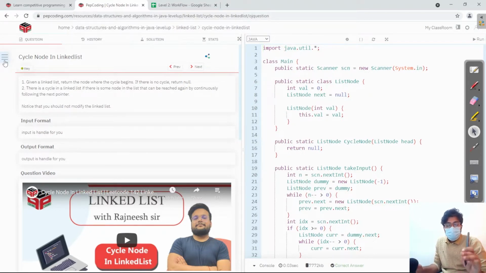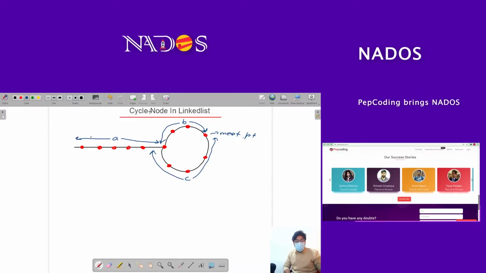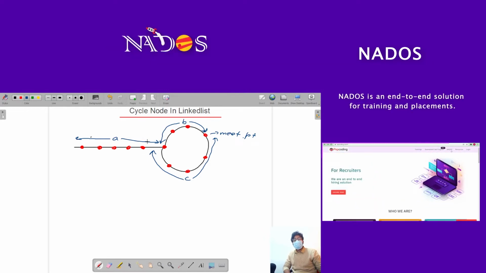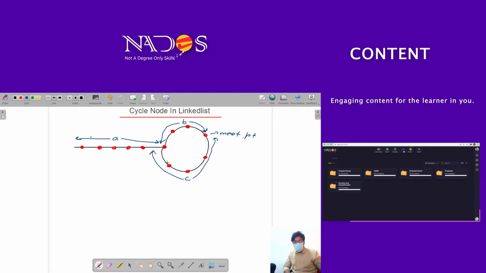So now let's get to our open board, and first of all I will explain the question statement. After that we will start our question. The question is something like this. We already did is cycle present in a linked list, right? In that question, what we have to do is, if there is any cycle present, return true. If there is no cycle present, return false.